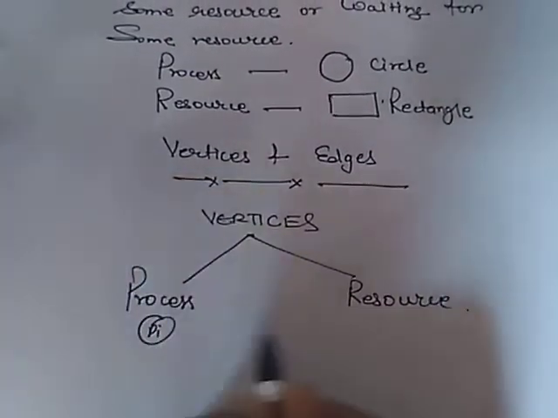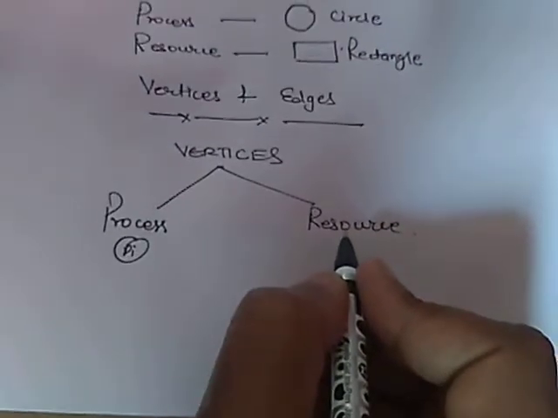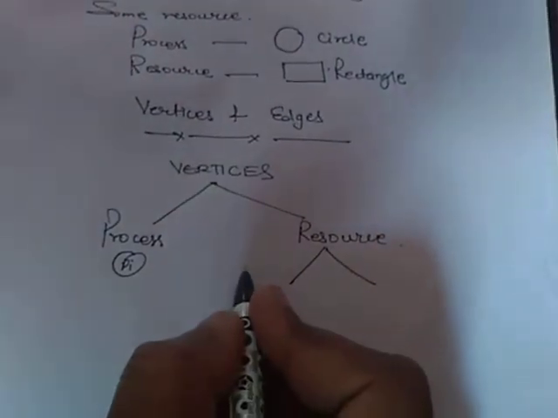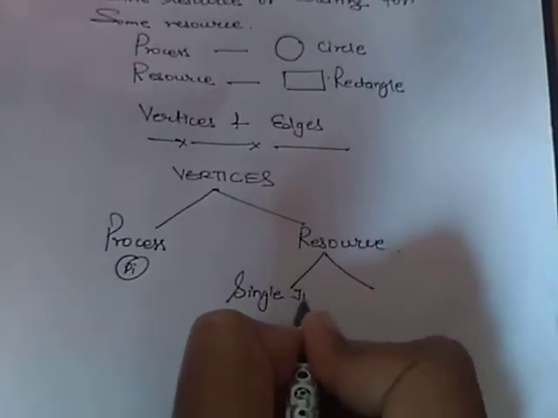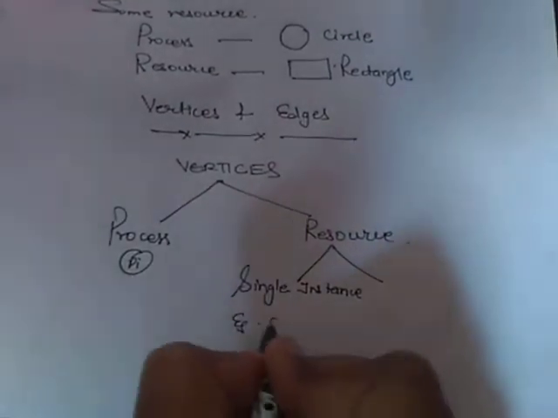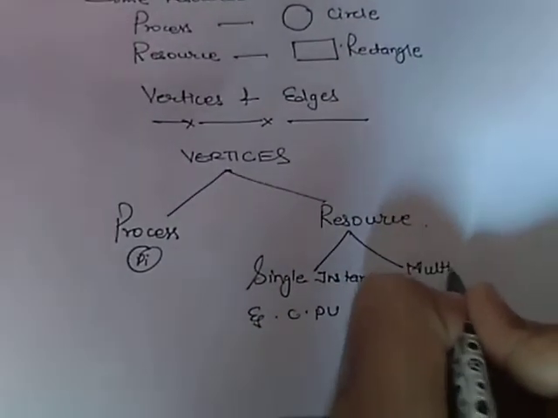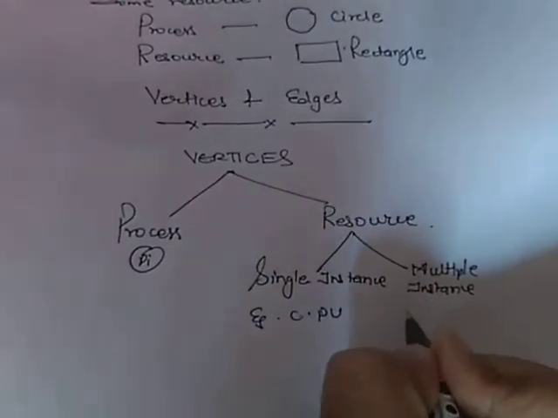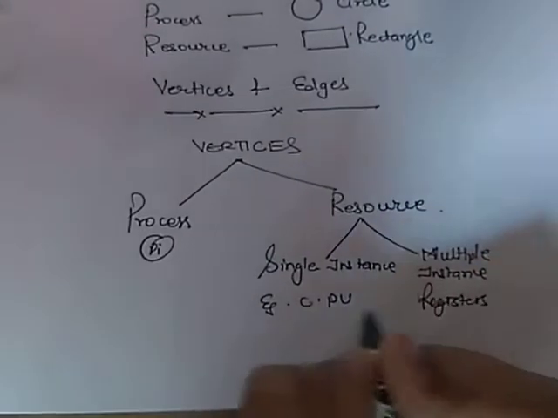Now, the resource can be of two type. We can say that it is of single instance, example CPU, or it is of multiple instance, for example registers.